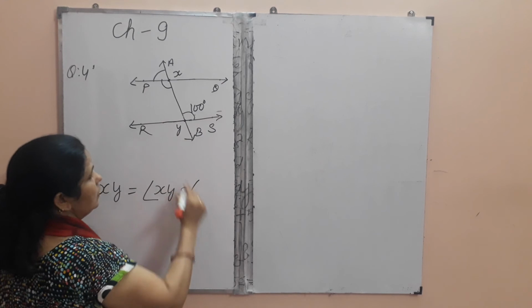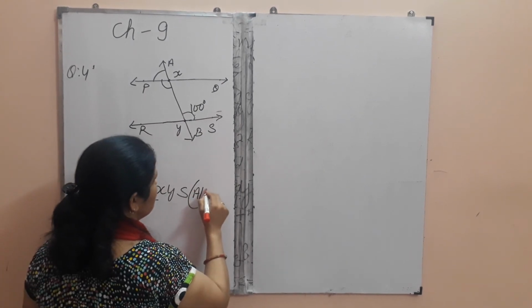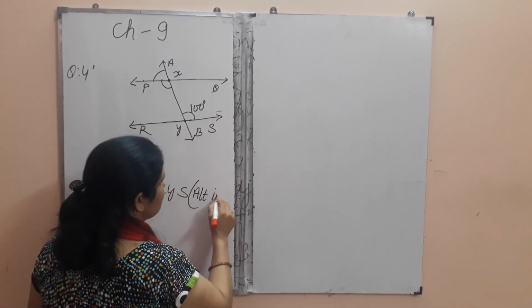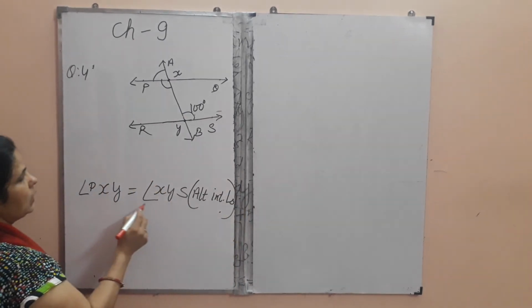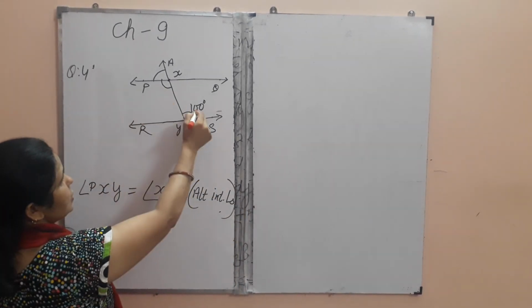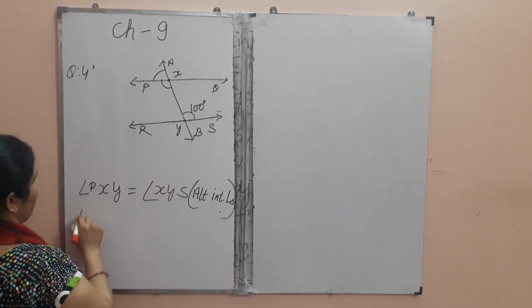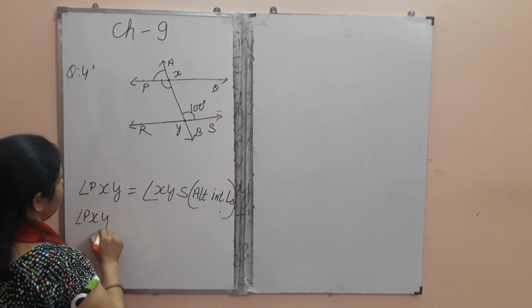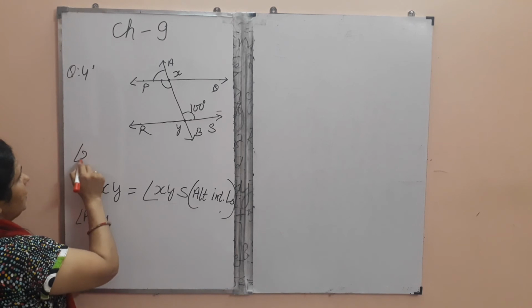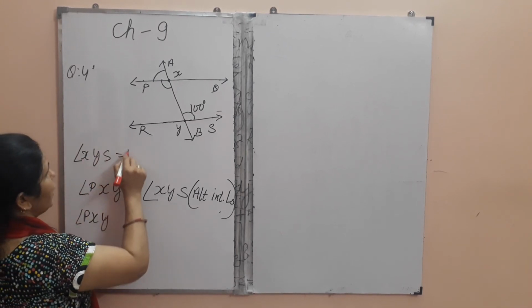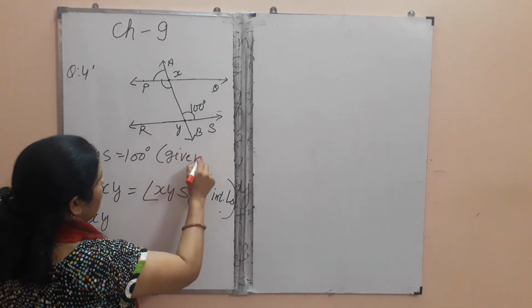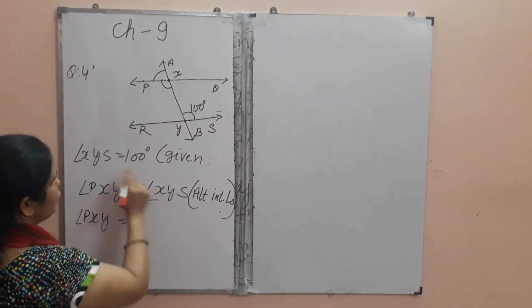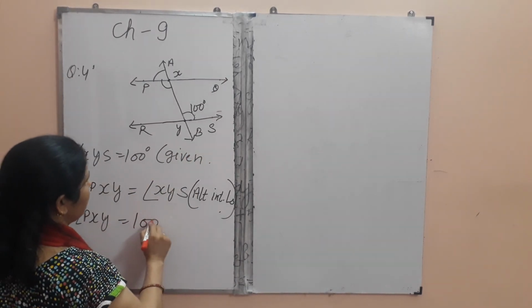Why? Because they are alternate interior angles. So first we write angle XYS equals 100 degrees, given. So PXY equals XYS, which is 100 degrees.